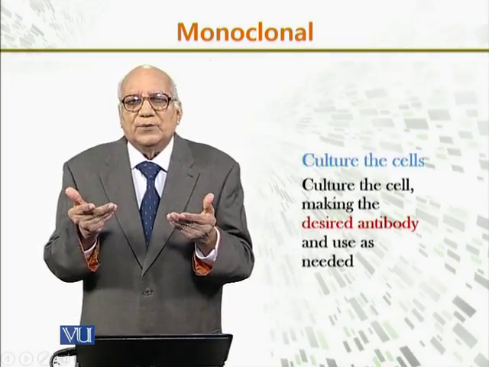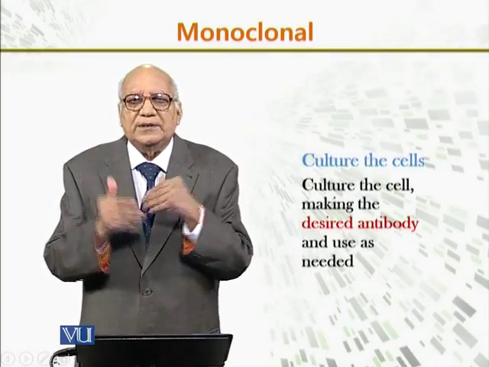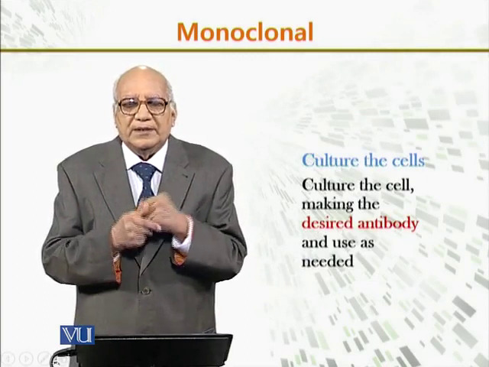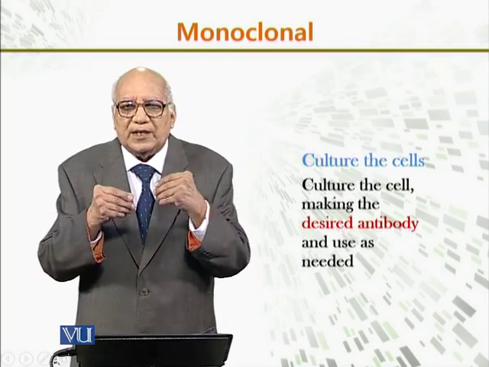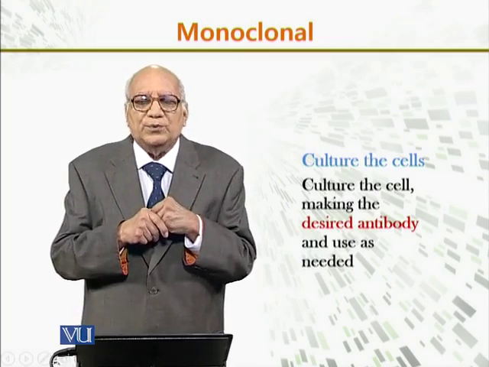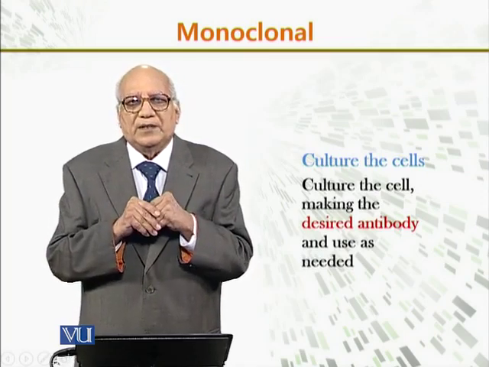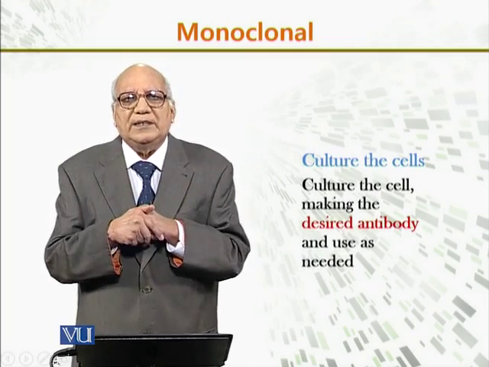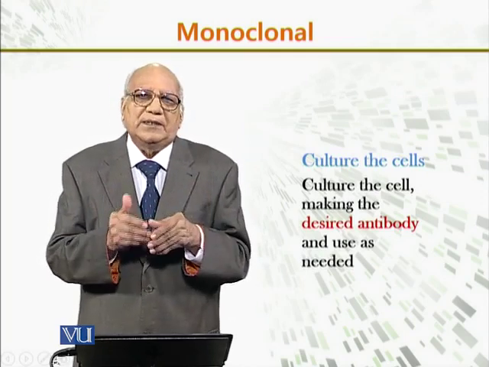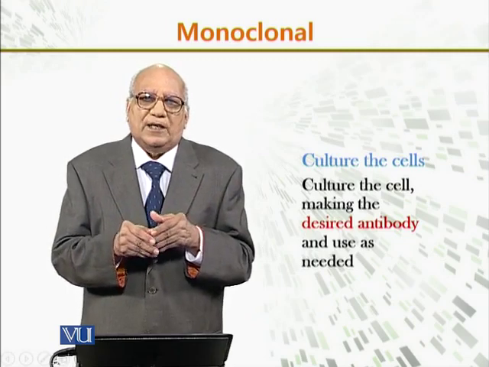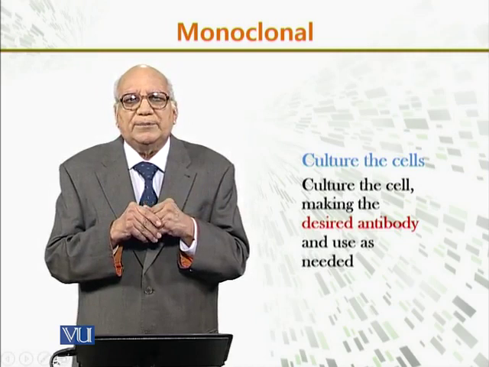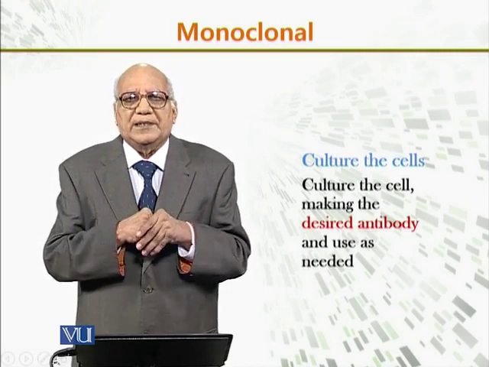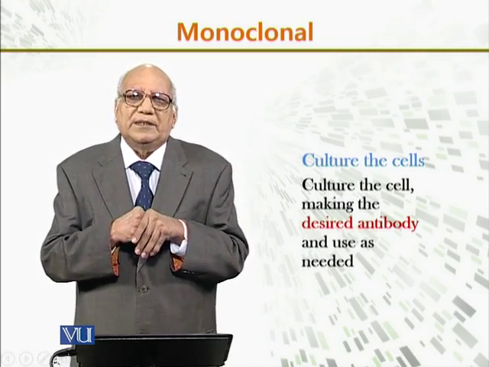Now, we culture the cells as shown in the cartoon, culture the cells making the desired antibody and use it as needed. Mind you, this antibody which we have prepared can be kept for a long time under certain conditions and can be used appropriately whenever the time arises.